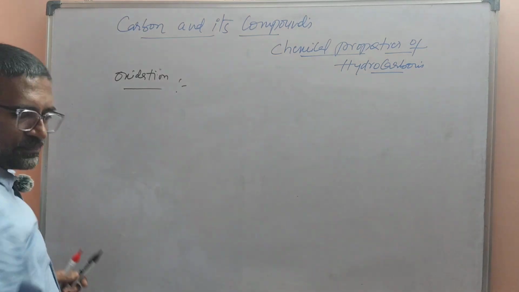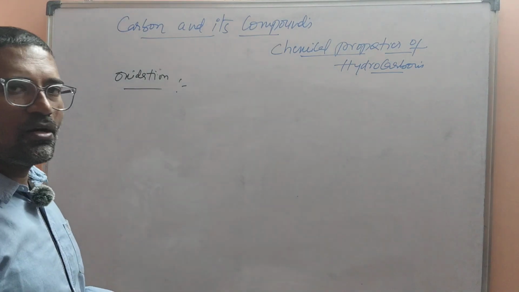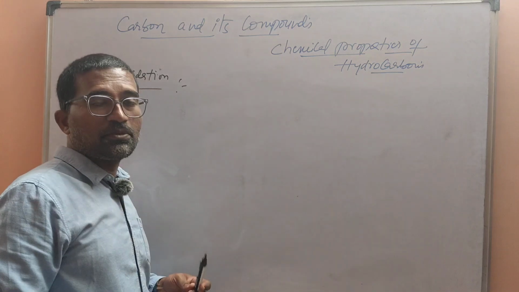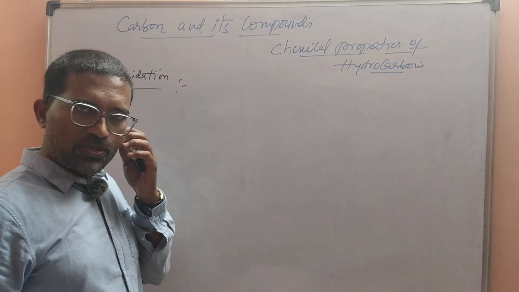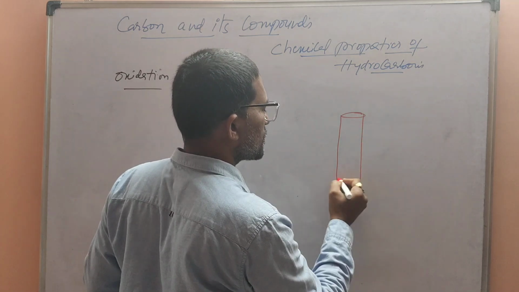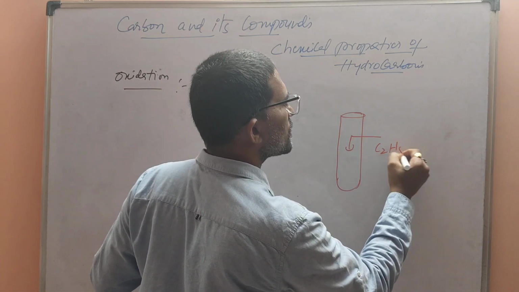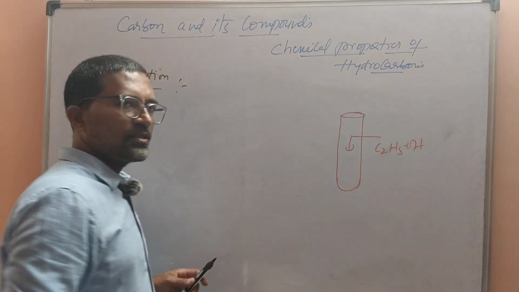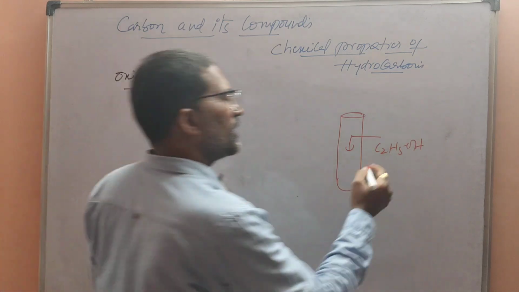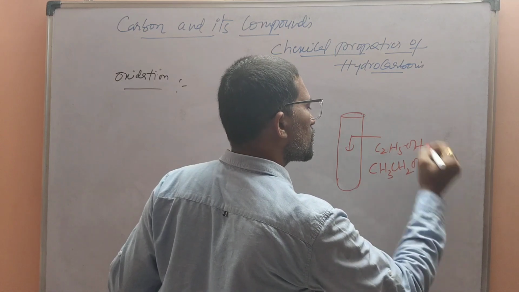Next, we'll be talking about oxidation reactions of ethanol. I will demonstrate with a simple activity first, and then I will write the chemical equation. Let us take a test tube and pour a few ml of ethanol, C2H5OH. You will also find the formula written as CH3CH2OH in books.